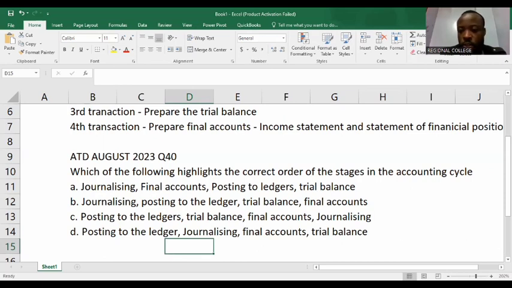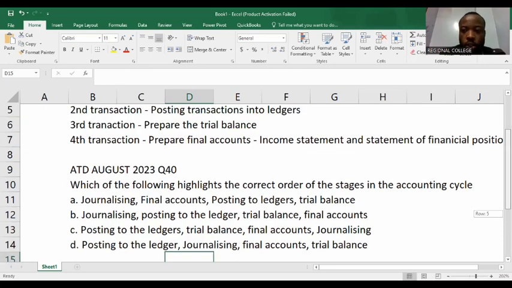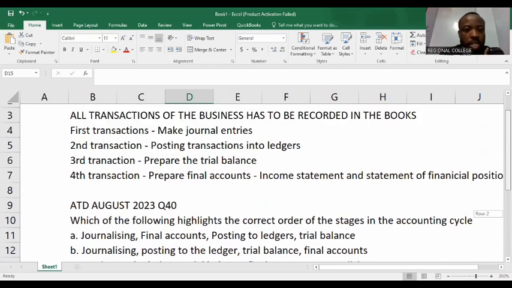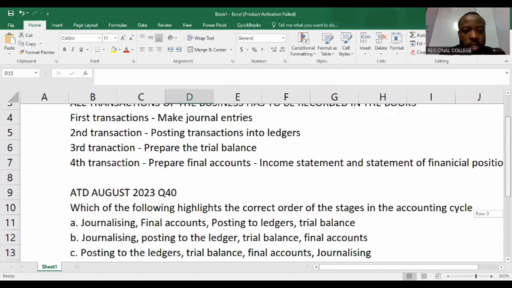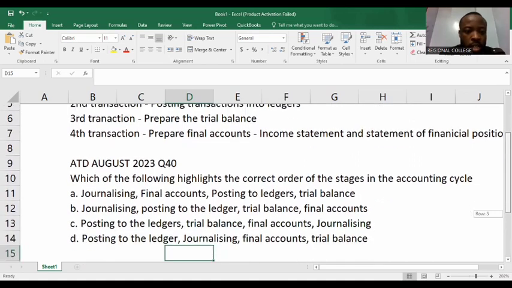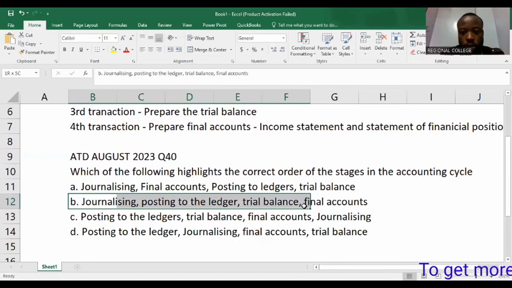You have to understand what you are doing, and then check the answer based on the highlights I gave above: the first step must be the journal entries, then you post the transactions into the ledgers, then you prepare the trial balance, then the final one is the final accounts. So the correct answer is choice B: journalizing, posting to ledgers, trial balance, and the final accounts.